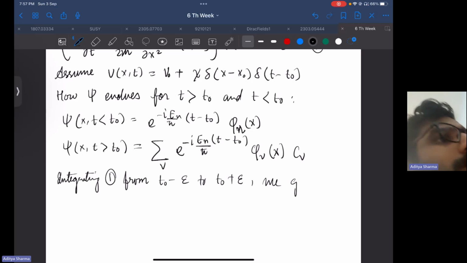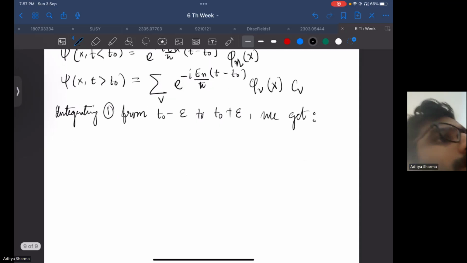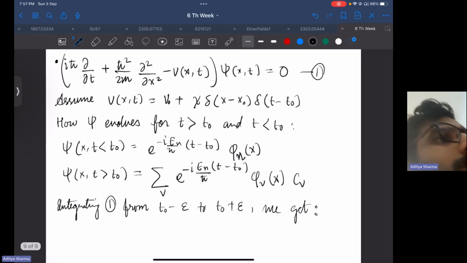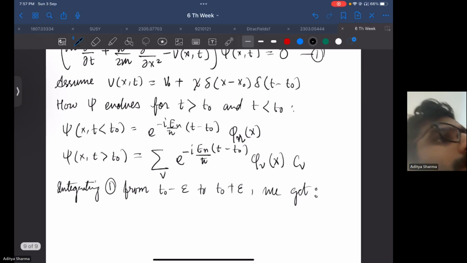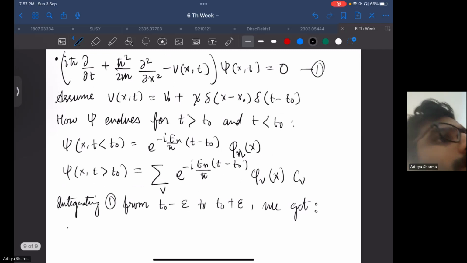We want to see what we get, and the integration will firstly be performed here. That is i h-bar times phi of x at t naught plus epsilon minus t naught minus epsilon.